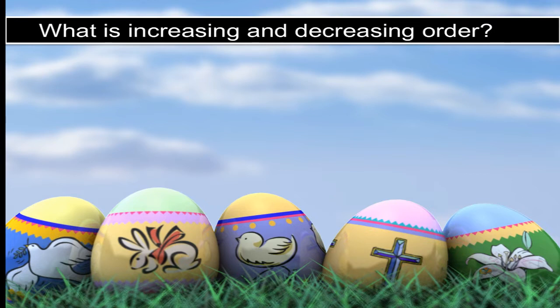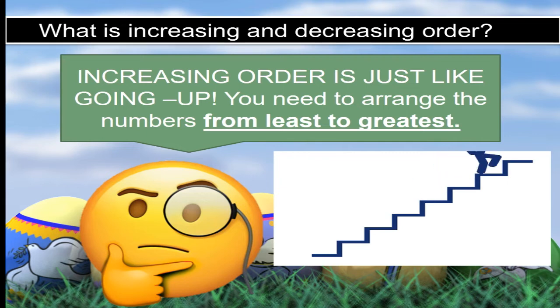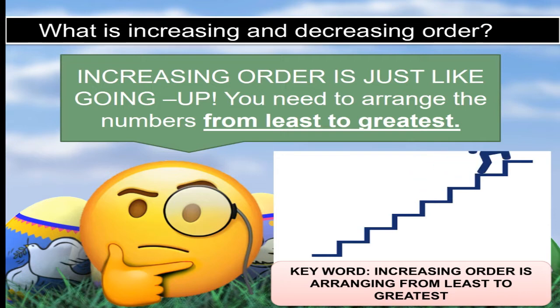So what is increasing and decreasing order? Increasing order is just like going upstairs. You need to arrange the numbers from the least to the greatest. Again, increasing order is arranging from least to greatest.